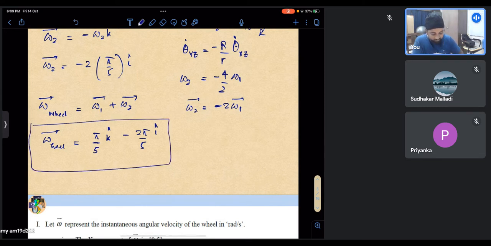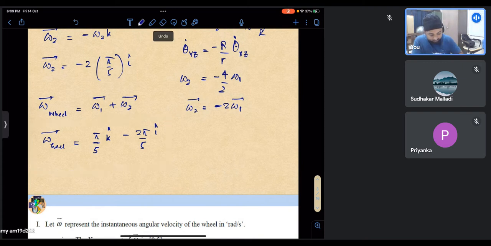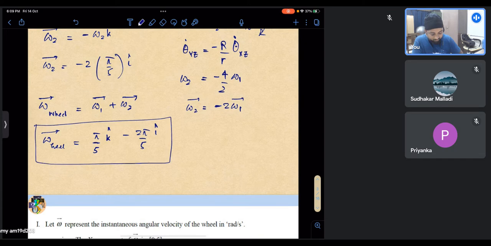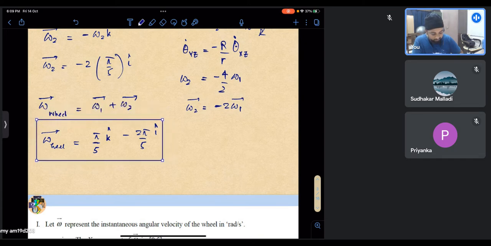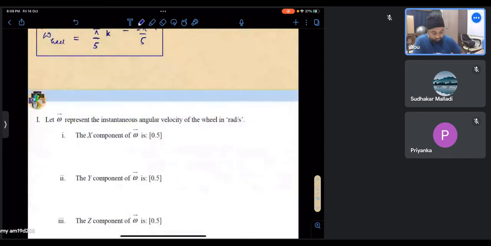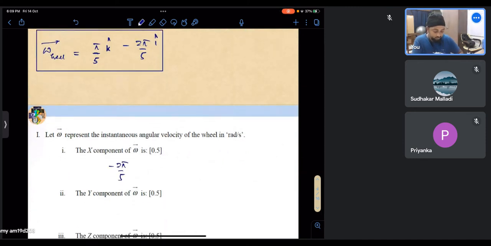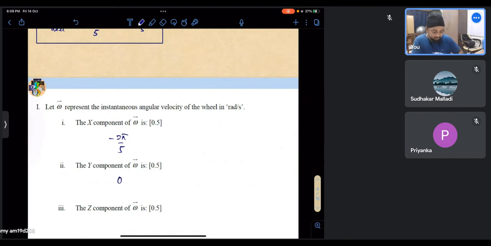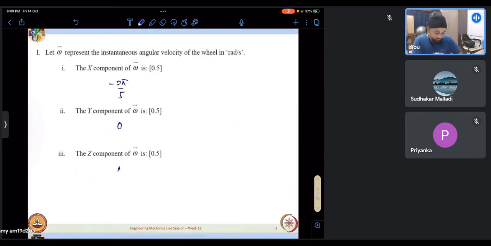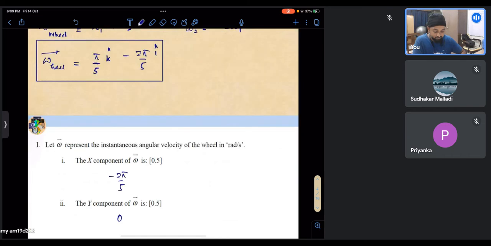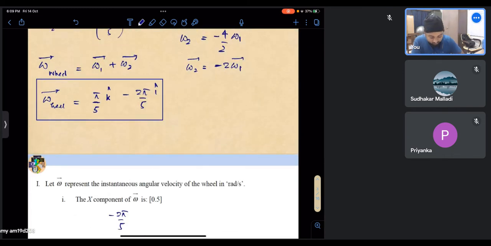So this is our angular velocity of the wheel at this instant. So we can report that the x component is minus 2 pi by 5, the y component doesn't exist, and the z component we can see is minus pi by 5. So we have the angular velocity of the wheel.